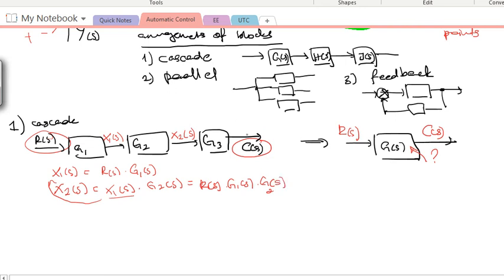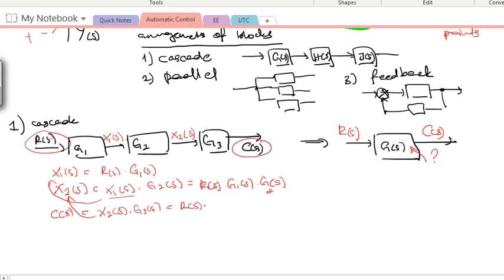And then we go finally to C(s). We'll see C(s) in terms of all these transfer functions that precede it. What is it equal to? Okay, C(s). We know C(s) from the final transfer function is X2(s) multiplied by G3(s). And we know from here that X2(s) is actually R(s), G1, and G2.